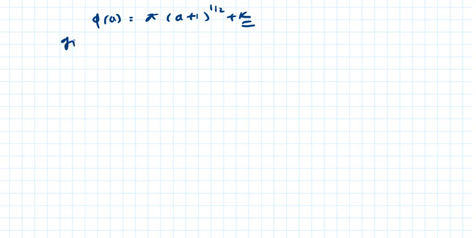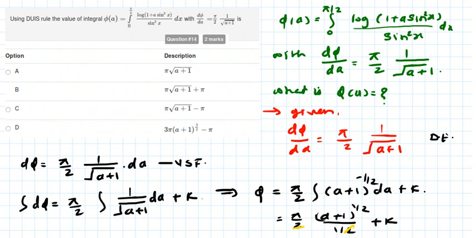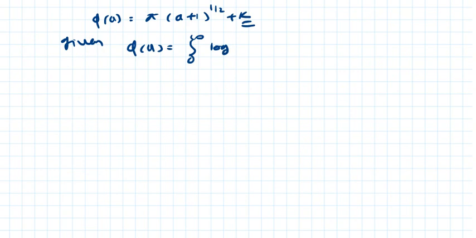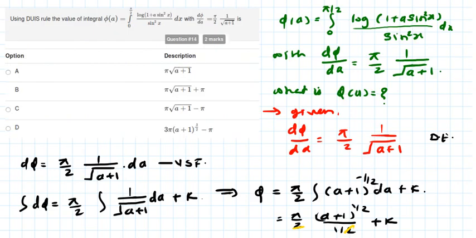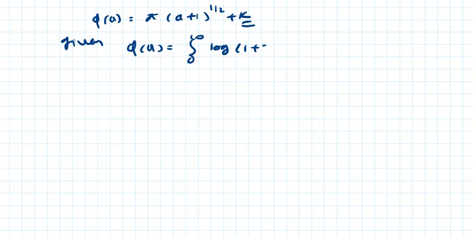So what is given? Given is phi of a equal to integration 0 to infinity log of 1 plus a sin square x upon sin square x dx. So using this equation you have to eliminate this constant k.